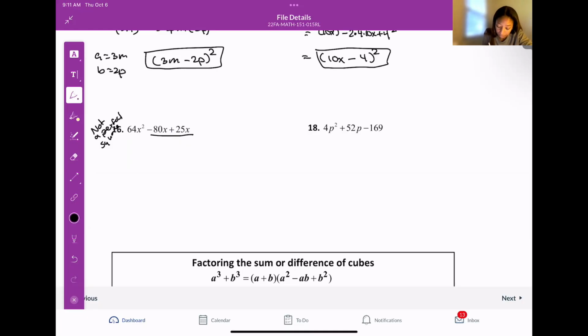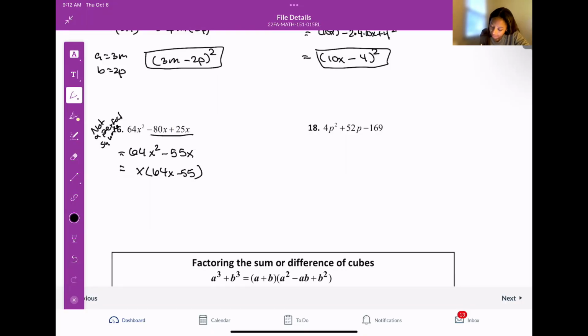Well, the way it's written is not a perfect square. 64x squared minus 55x. Then what can we do? We can factor out an x, but that's it. Not as exciting as I thought it would be. All right, so if we factor out an x, that's just x times 64x minus 55.